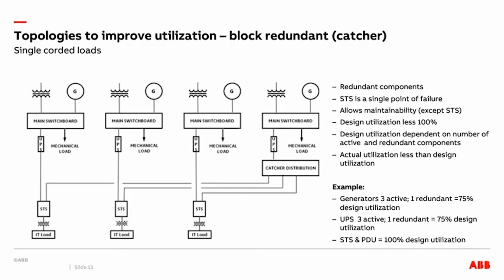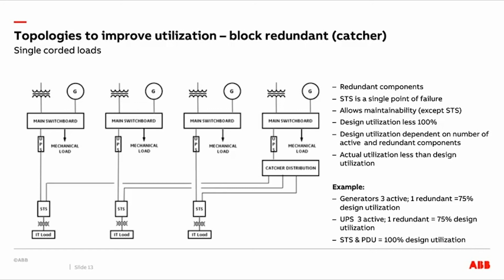The design for dual-corded loads improves the reliability and adds costs. Typically, the number of STSs and PDUs doubles, but there are ways to reduce the number. One scheme to reduce the numbers and thereby reduce costs doubles the PDU count, but does not change the number of STSs.